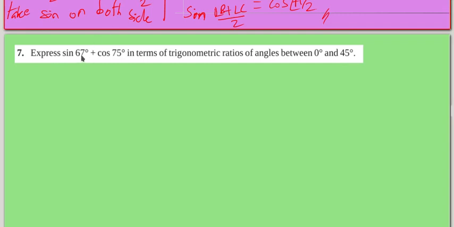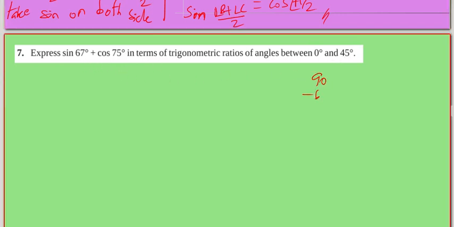Here sine 67 degrees is greater than 45, and 75 is also greater than 45. Let me get the complementary angles. For 67, 90 minus 67 is 23.